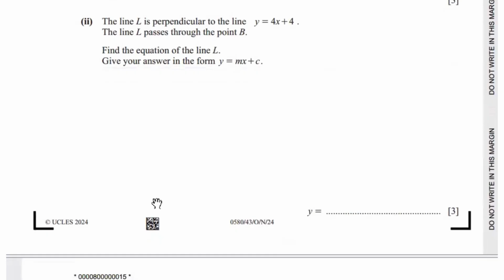Then it says the line L is perpendicular to the line y equals 4x plus 4. The line L passes through the point P. Find the equation of the line L, giving your answer in the form y equals mx plus c.